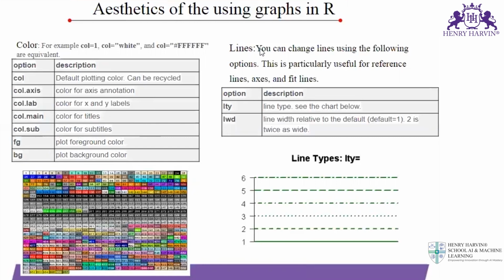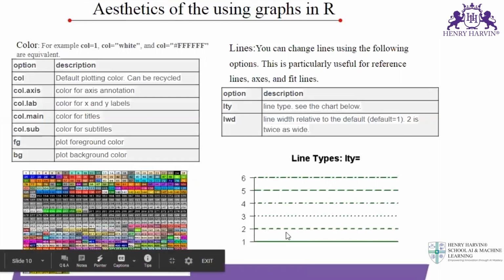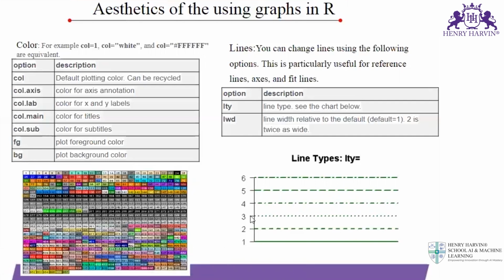Next is line. You can change the lines with the following options. There are two commands for that: lty and lwd. lty is the line type. You can see there are a number of line types mentioned in the picture. So there is a straight line, dotted line, dashed line, dot and dashed line. There are different types of line you can use depending upon the number.